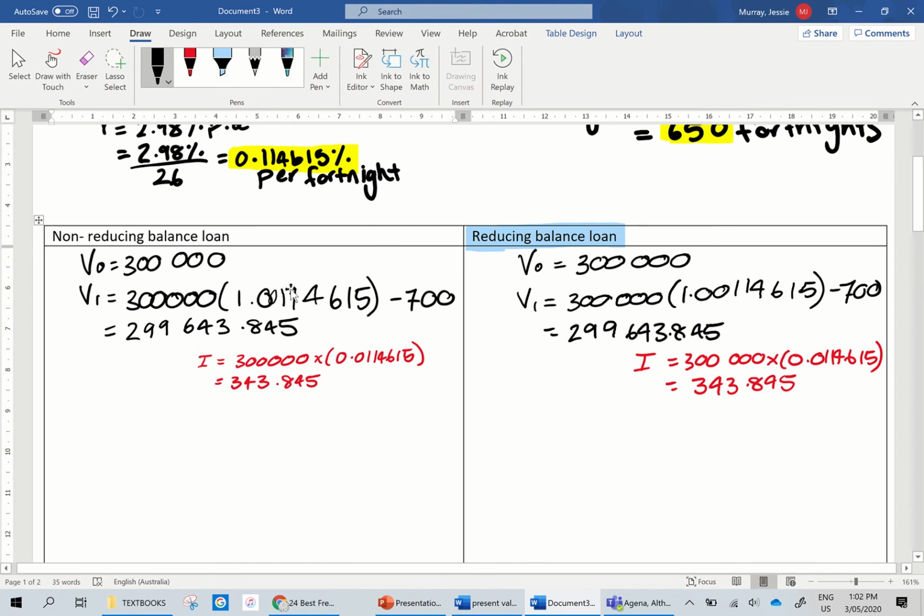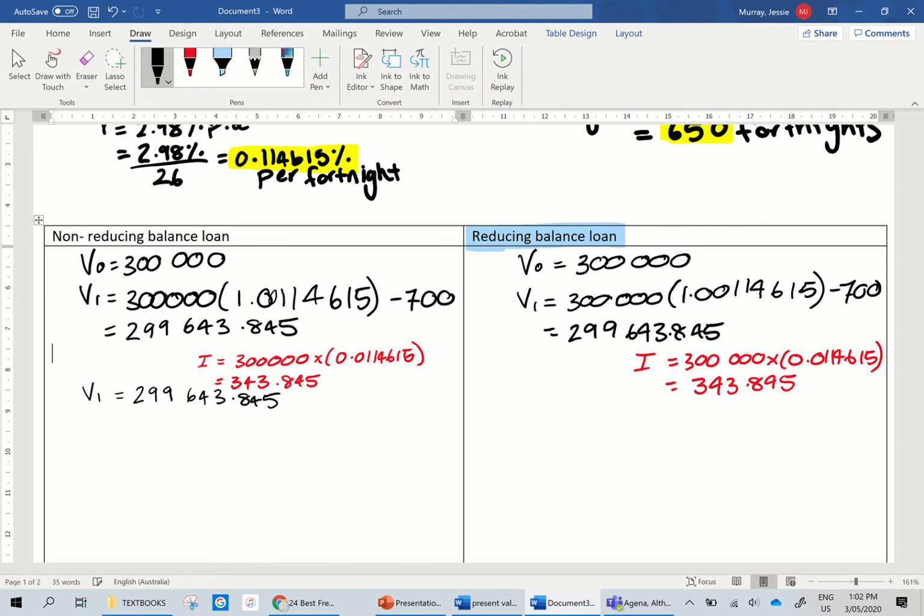So the idea is, the second fortnight, what's going to happen is, my $299,000 that I have left owing is going to be charged that interest again of $343, and then I pay off the $700.